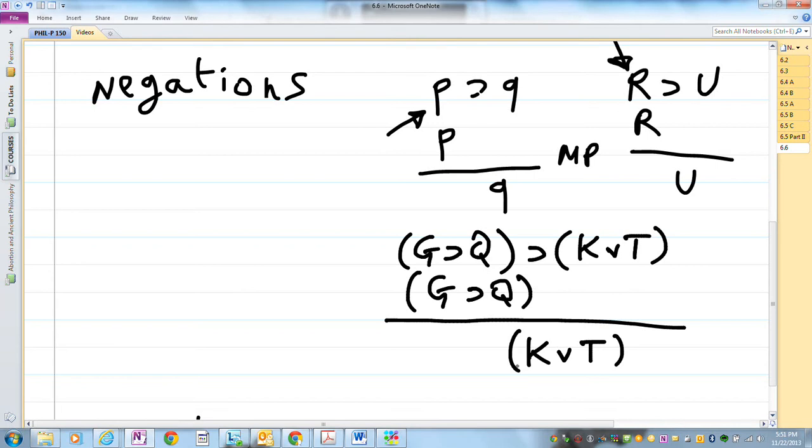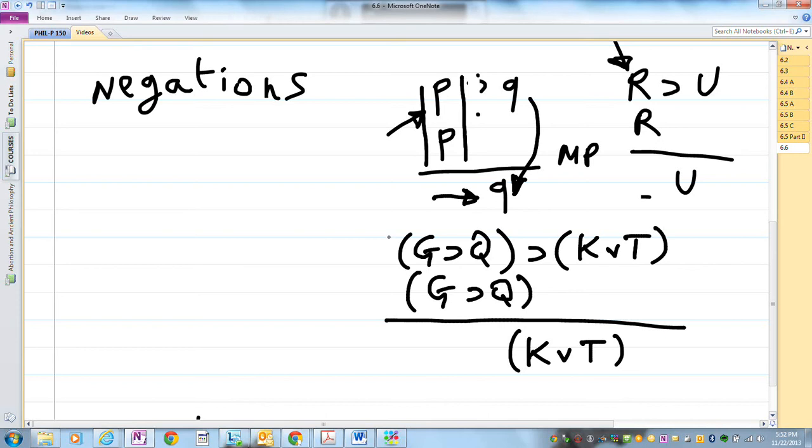I mean, modus ponens is the pattern of reasoning where you have a conditional up here, and then you have a second premise that matches the antecedent of the conditional. Exactly, there's an exact match between these two things. If that happens, then you can infer the consequent of the conditional by itself. That's what modus ponens does.